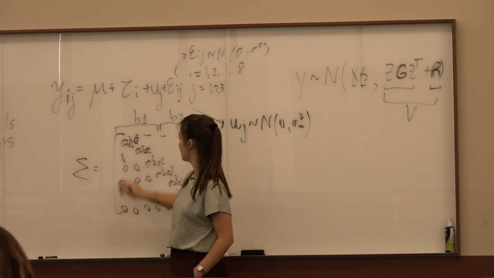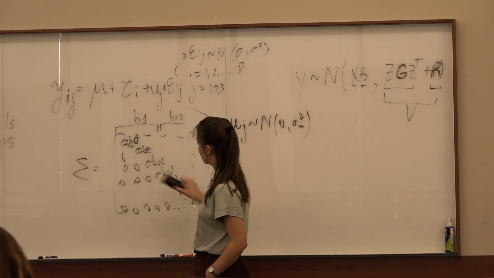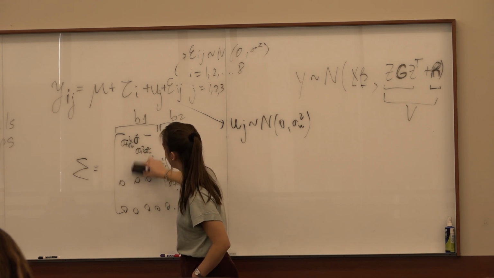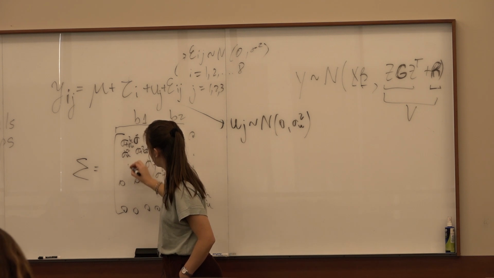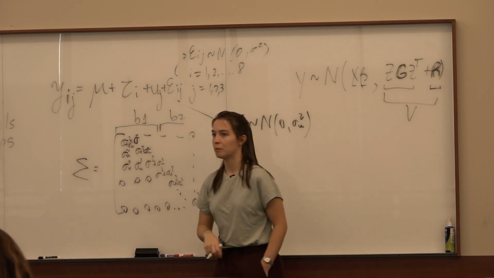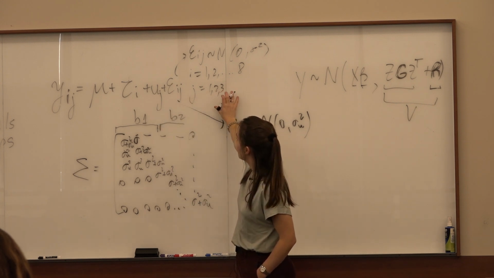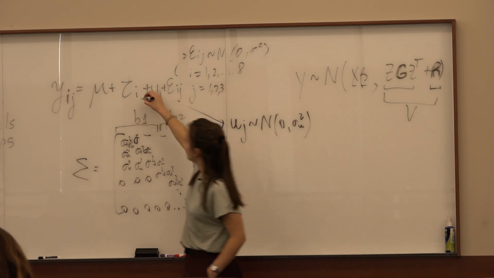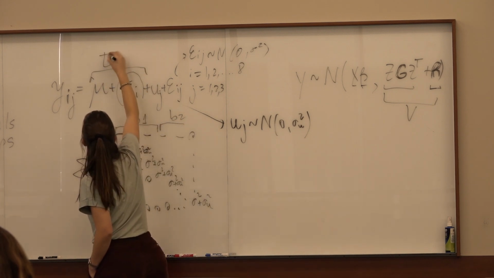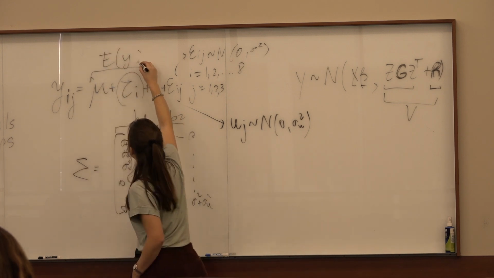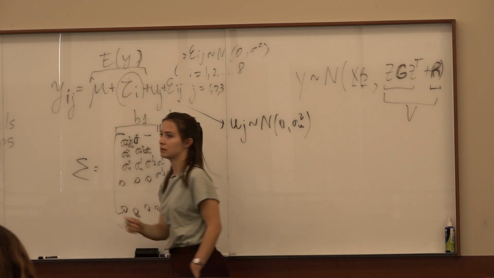But now also, for cases where we share the block, these are correlated. But you see that the mean, which would be the expected value of y, doesn't change. Right?